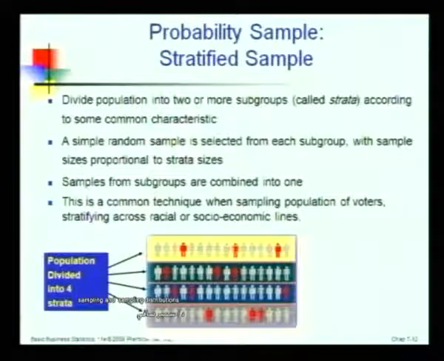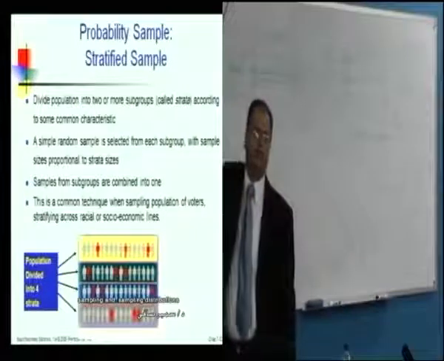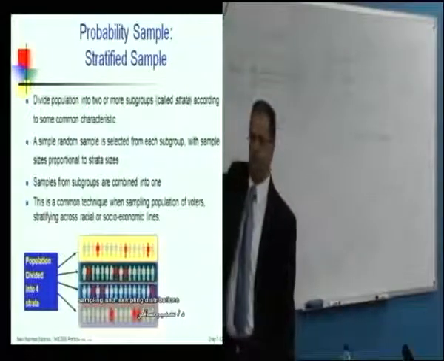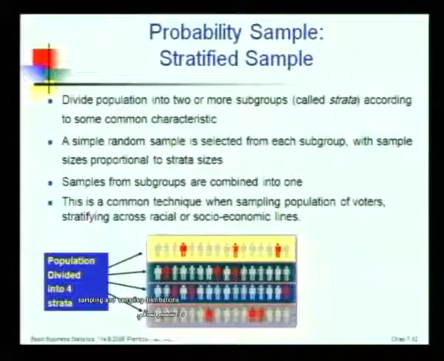Now for this example, there are 16 items or 16 students in each group, and he selects randomly number 3, number 9, number 15, and so on. So it's random selection.